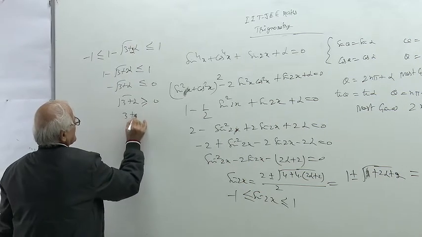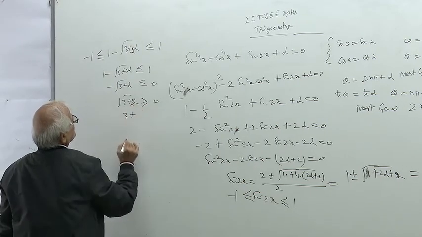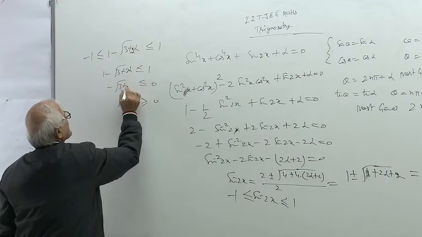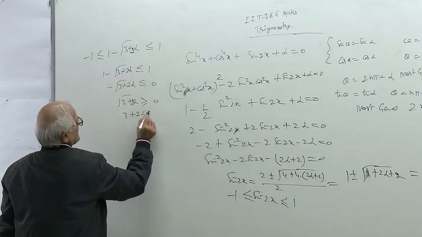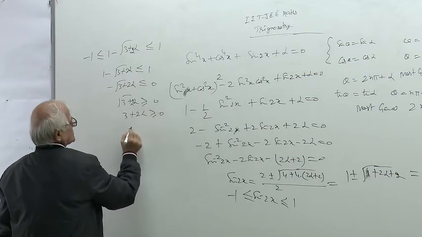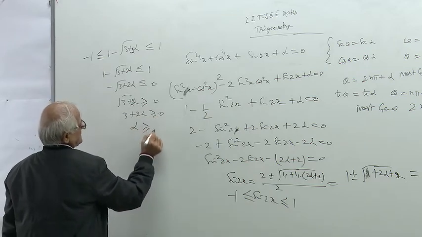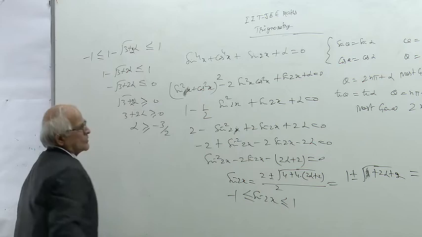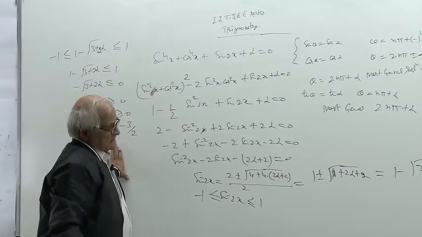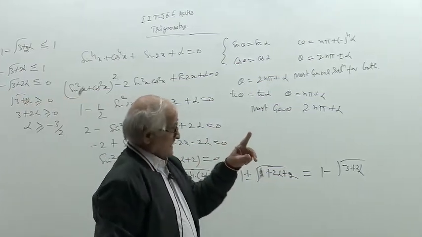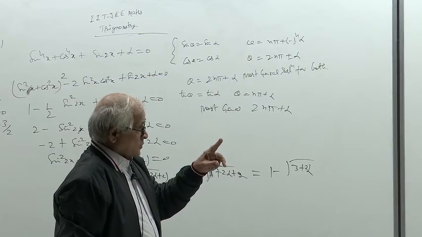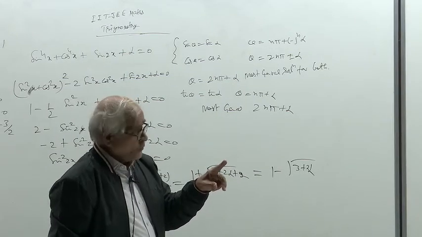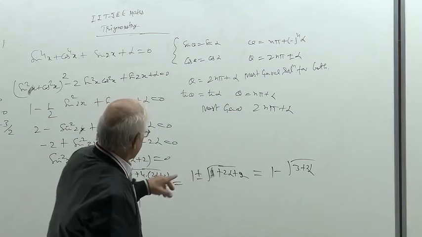Now we have this is 2 alpha greater than or equal to 0, then what is it? This is greater than minus 3 by 2. The first solution is there. Alpha should be between minus 3 by 2 and 1 by 2. The one solution is there.